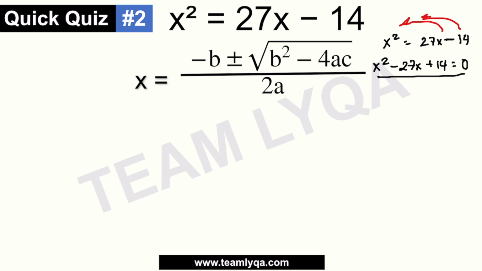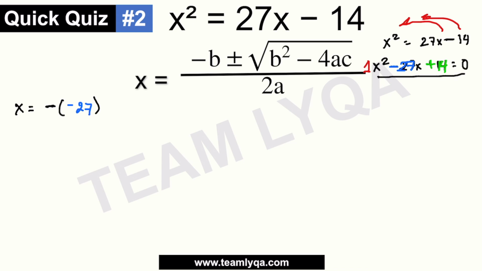So, ito na yung ating gagamitin. Okay? Which means, ang ating A ay 1, ang ating B ay negative 27, at ang ating C ngayon would be plus or positive 14. Now, it's time to substitute it dito sa ating equation. X is equal to negative B. Ang B natin ay negative 27. So, kung siya ay magiging negative ng negative 27, mamaya magiging positive na yan.